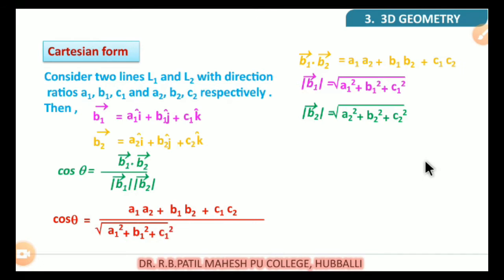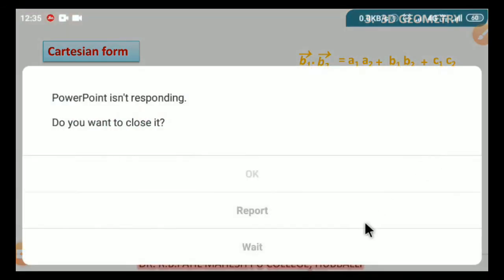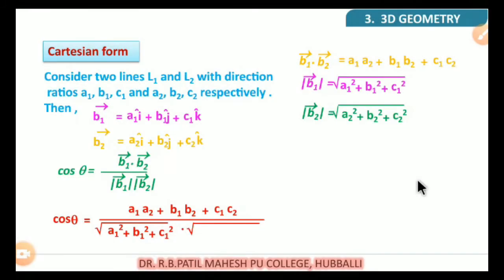So this is the expression for the angle between the two lines. So students, remember this expression. So this is the vector form and here is the Cartesian form of angle between the lines.